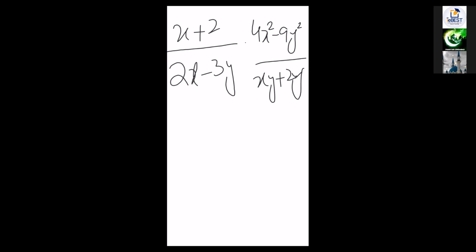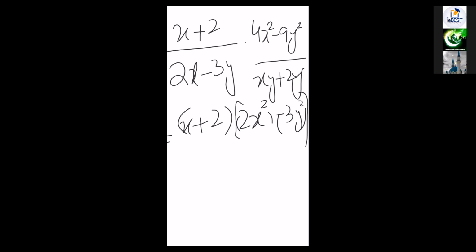Okay. So first of all, I need to write x plus 2. Now, from where has x plus 2 come? The first rational expression. Okay. And then I'm writing one new term, and you need to focus on what it actually is. I'm writing 2x squared minus 3y squared.